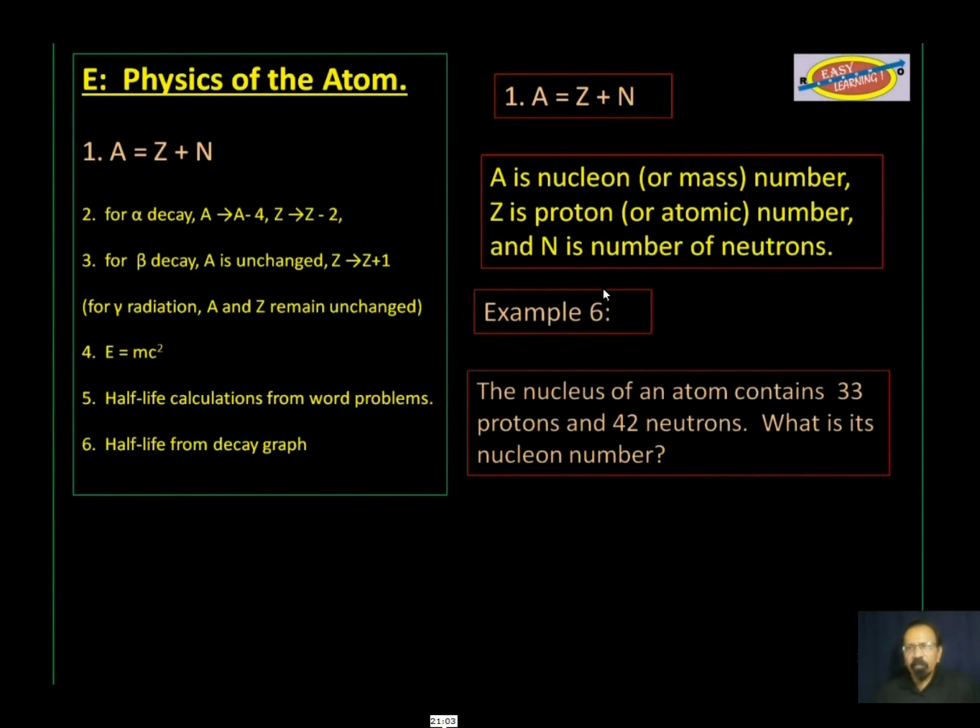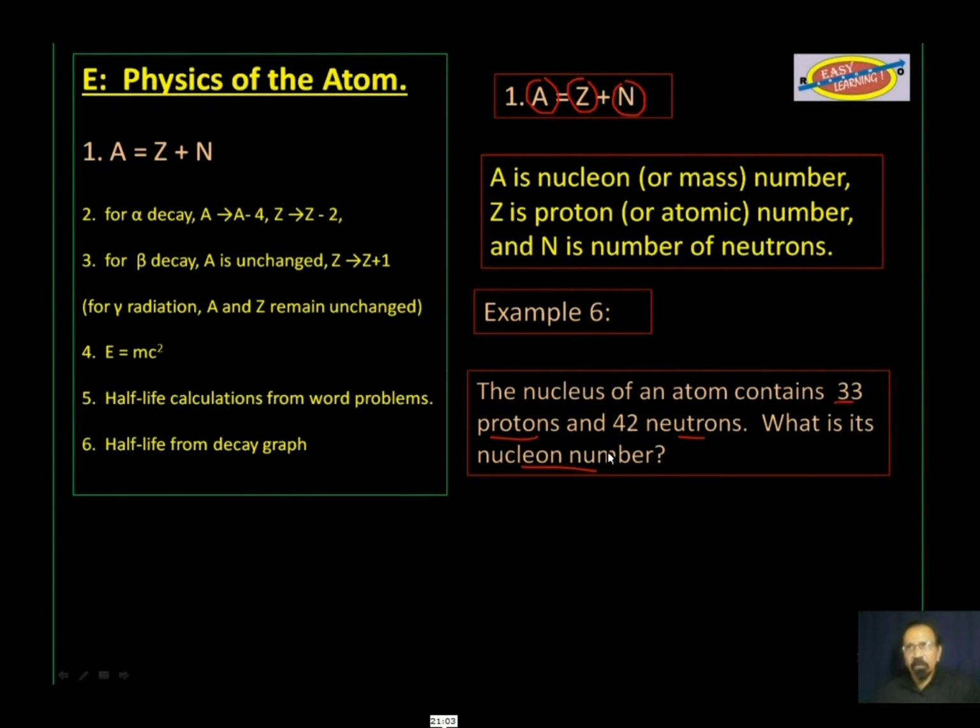Example 6. If the nucleus of an atom contains 33 protons and 42 neutrons, what is the nucleon number? Well, if you know that that Z there is 33, and you know that this N here is 42, then what is A?